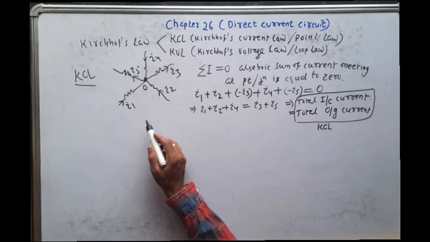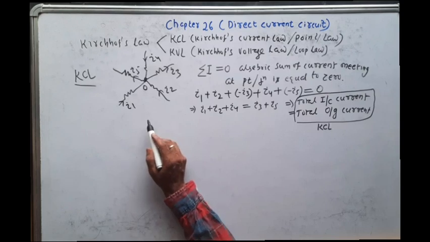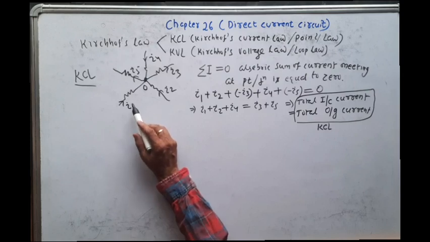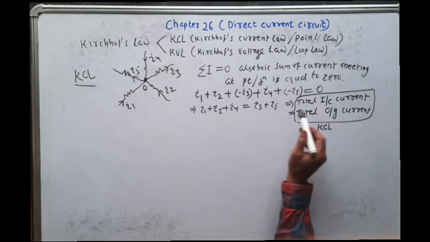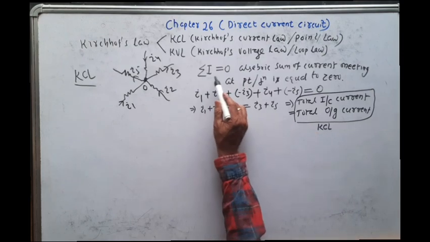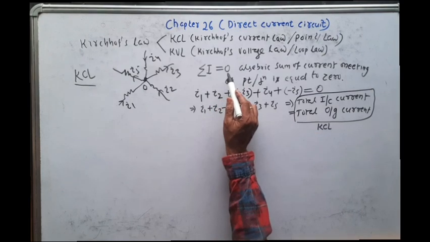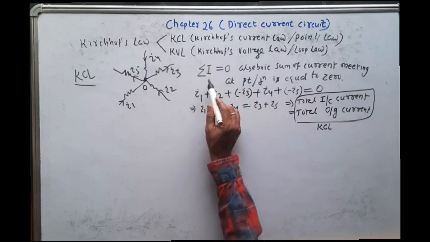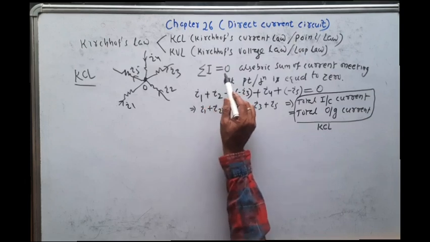And what is current? It is nothing but the rate of flow of charge. Charge per unit time is called current. So the total algebraic sum of current meeting at a point being 0 means the total charge per unit time is equal to 0.